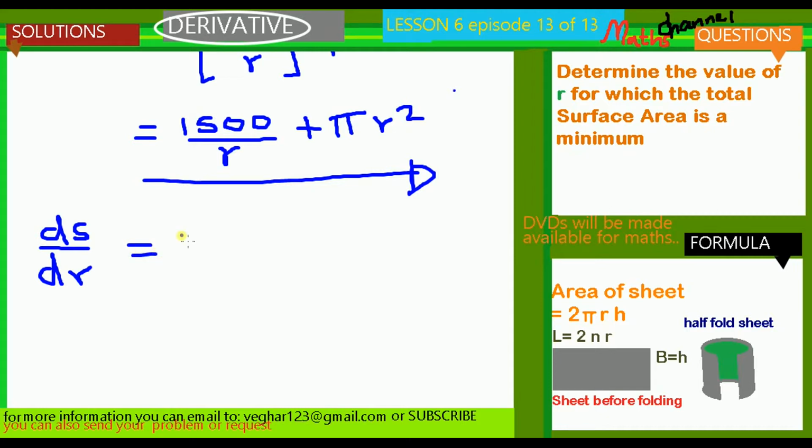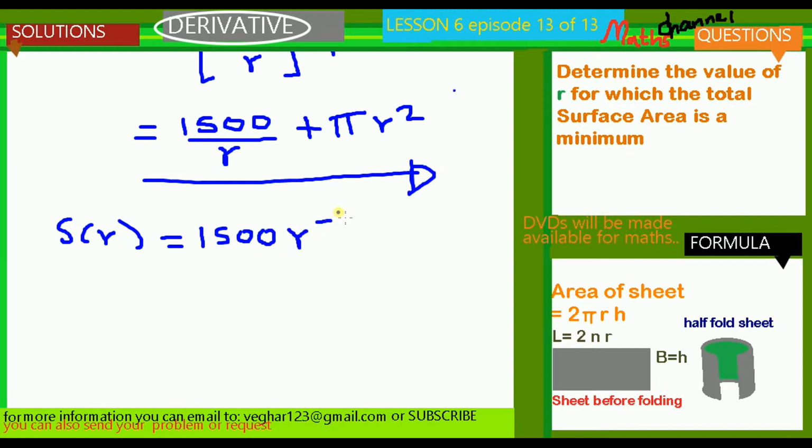Before you derive, let's try to simplify it. You have something like this, minus 1, plus pi r square.